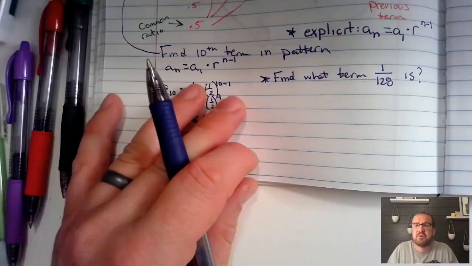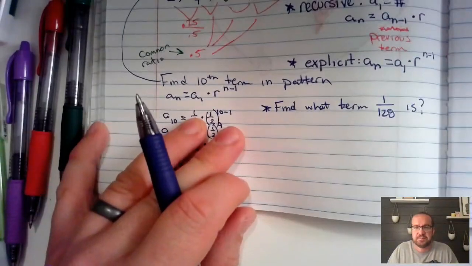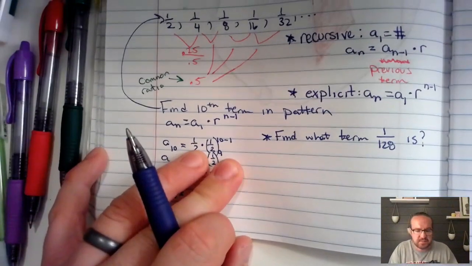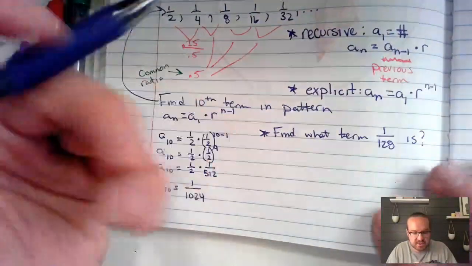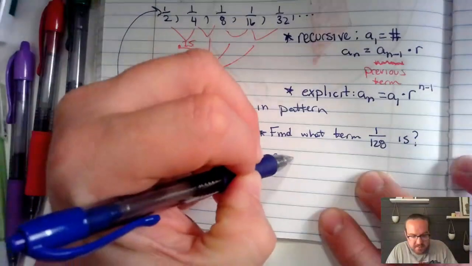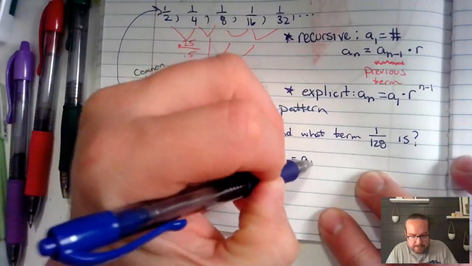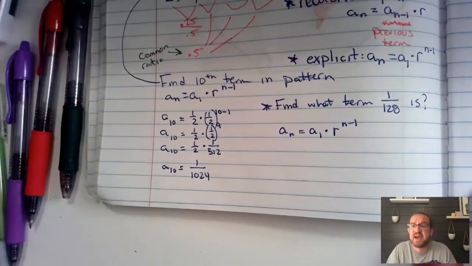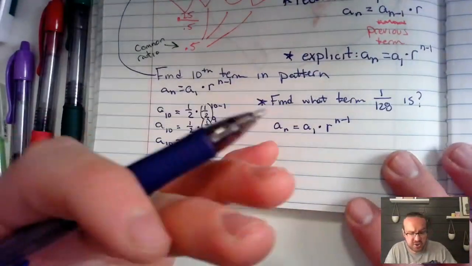Using this pattern right here, I just kind of covered it up. Maybe there are other ways to do this, but I want to find out which actual term this one is. So again, I could use my explicit formula. I want to find out what position it's actually in.